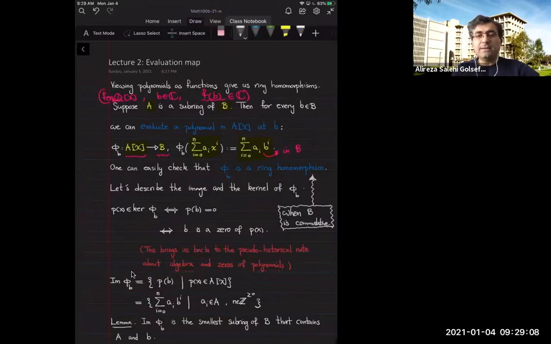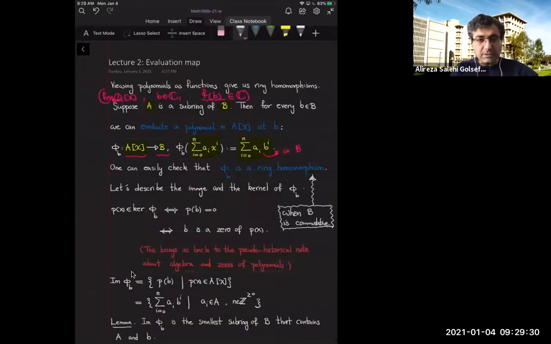In any case, now we have this nice ring homomorphism, the evaluation map or the substitution map. And throughout this course, we will be using this map a lot. Let's see what we can say about the kernel of the evaluation map and what we can say about the image of the evaluation map.